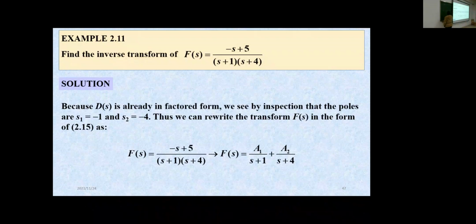So we get, not s squared here, just start with s, right? What's the coefficient of s? It's -1.